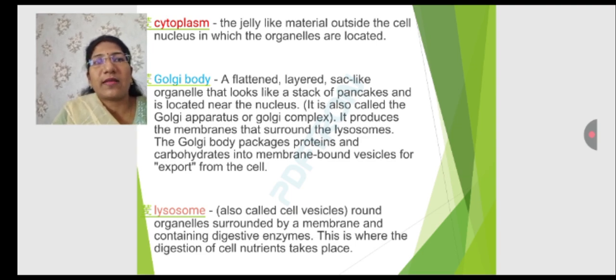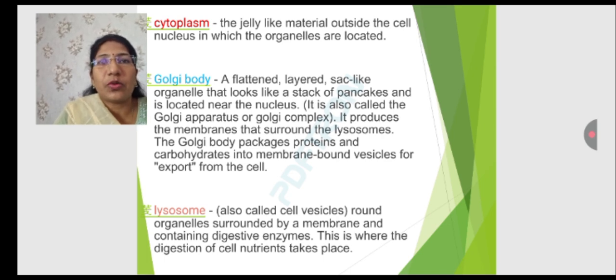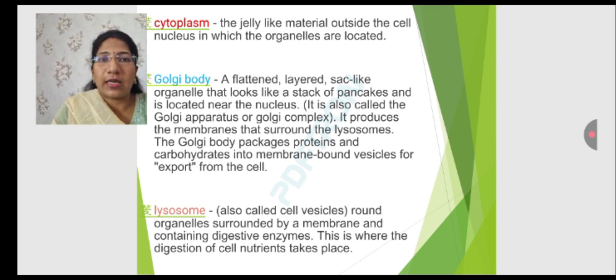It is also called Golgi apparatus or Golgi complex. It produces the membrane that surrounds the lysosome. The Golgi body packages protein and carbohydrate into membrane-bound vesicles for export from the cell.